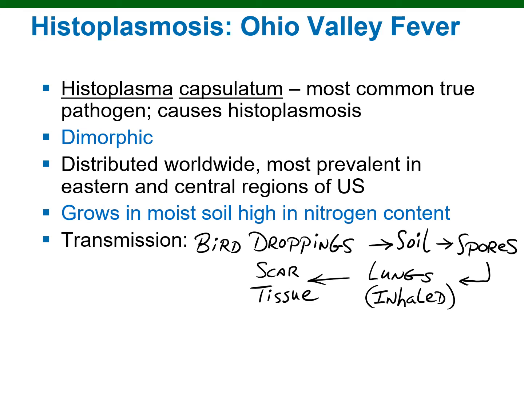And in most cases, this is the end of the story. Most cases stop here. The person may end up with a temporary fever, a dry cough, and symptoms that are non-specific. And this is in healthy people. So they don't know that they've been exposed to histoplasmosis, and their bodies take care of it.